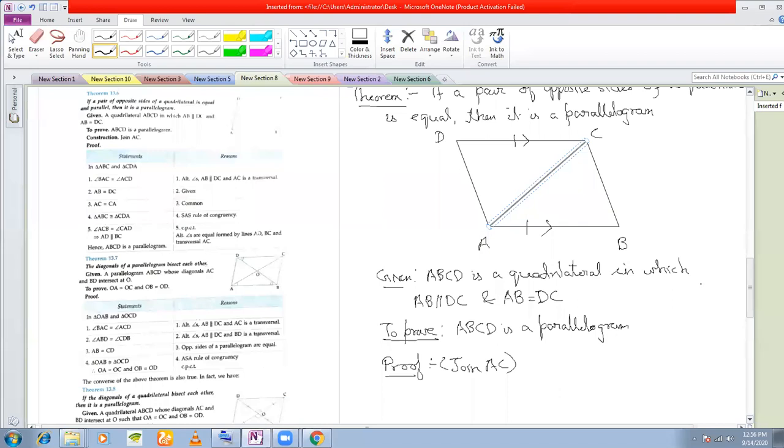See, if I can prove that these two triangles are congruent, this triangle and this triangle, then I can say that these two angles are equal, this angle and this angle, by CPCT, isn't it? Yes, sir. Or let me just correct myself a little.